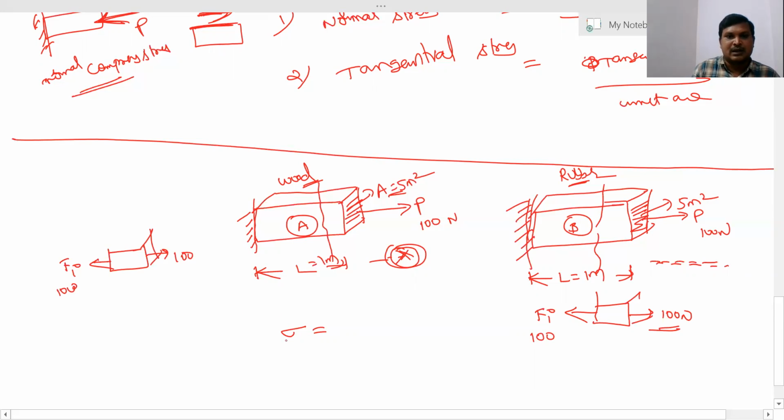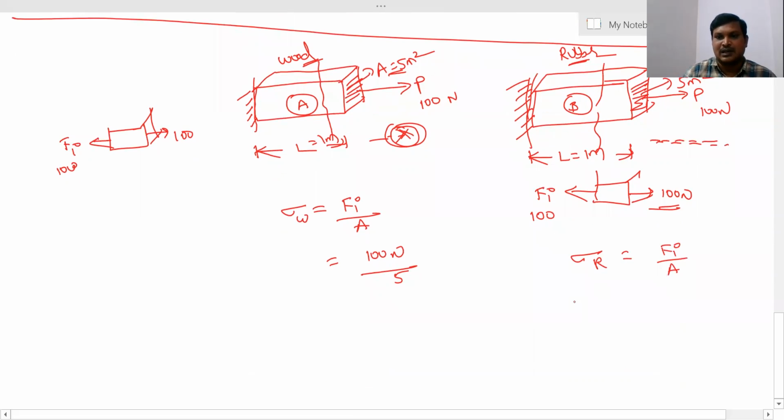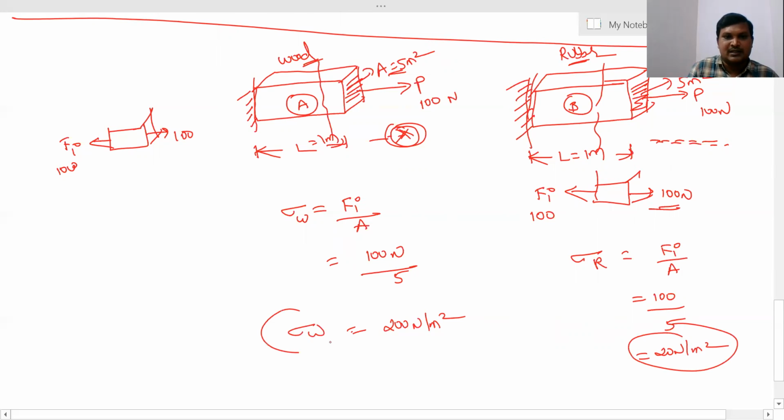Therefore stress in the wood is internal resistance force per unit area: 100 newtons over an area of 5. Stress in the rubber is also 100 over 5. So what is the stress here? 20 newtons per meter square, and here also 20 newtons per meter square. In both cases, wood and rubber, the stresses are the same.